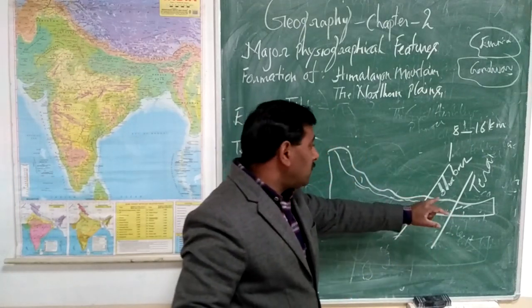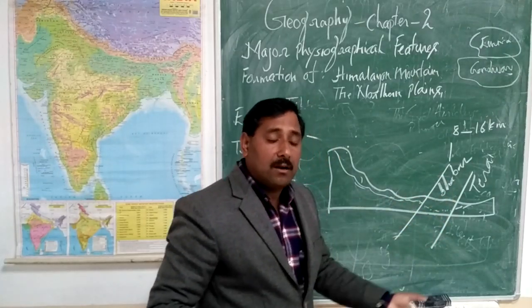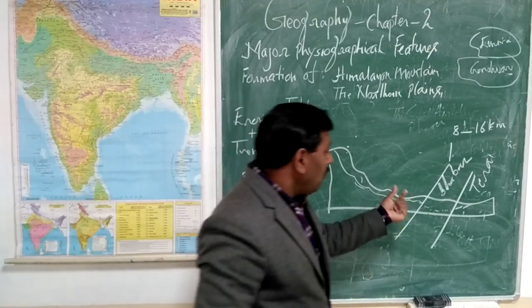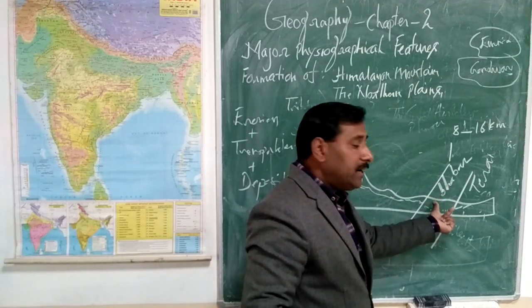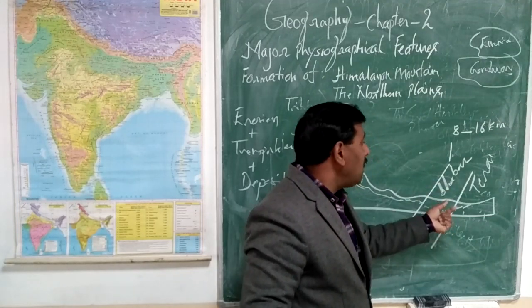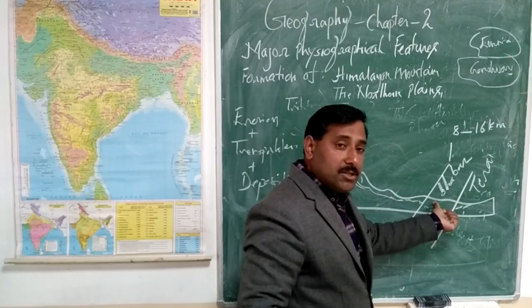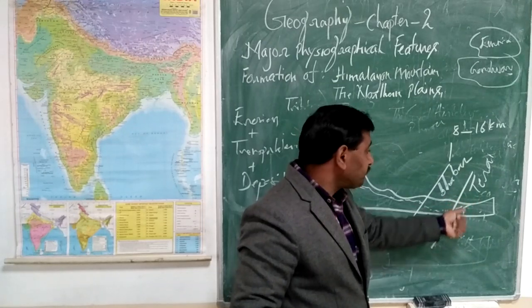So it doesn't mean that Bhabar doesn't have more water or less water. Although it is the foothill region, it is rich in fertility, moisture is there. This is also good for agriculture. Then we talk about the Tarai area.